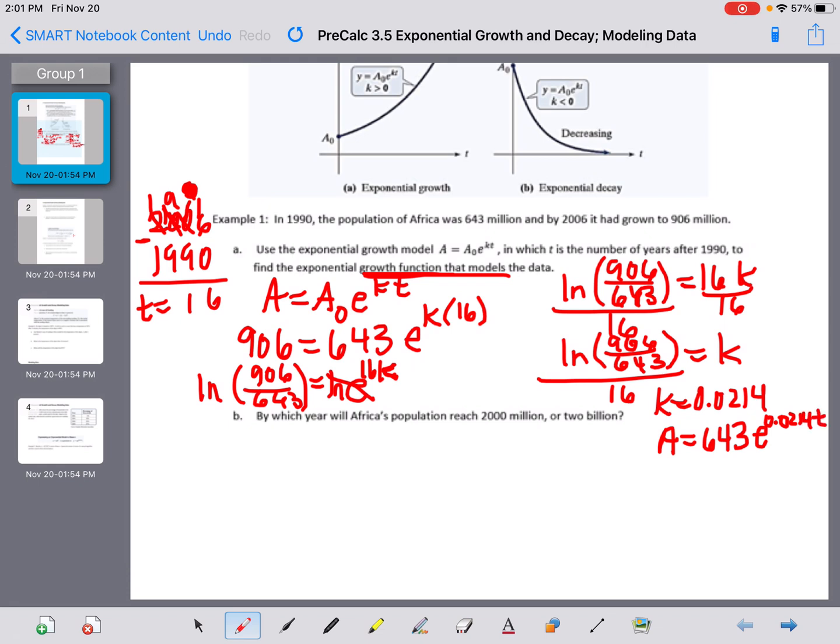That's my model. So the first thing I'm doing is just getting the model that I can use from here on out. I used a data point to get that k number. It's positive because we're growing, and I get my model.